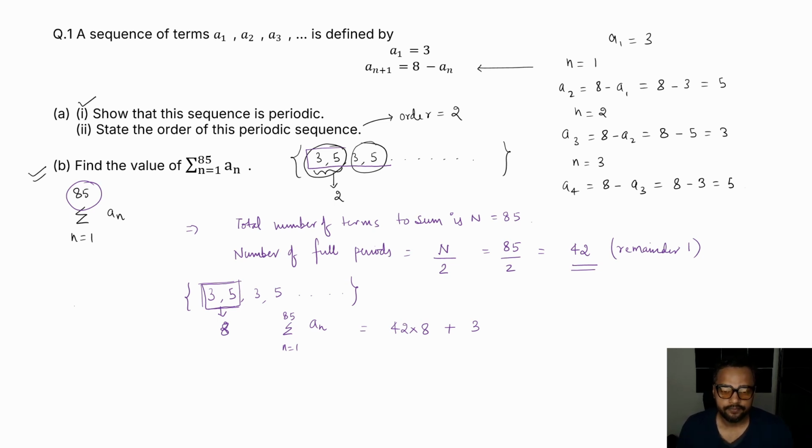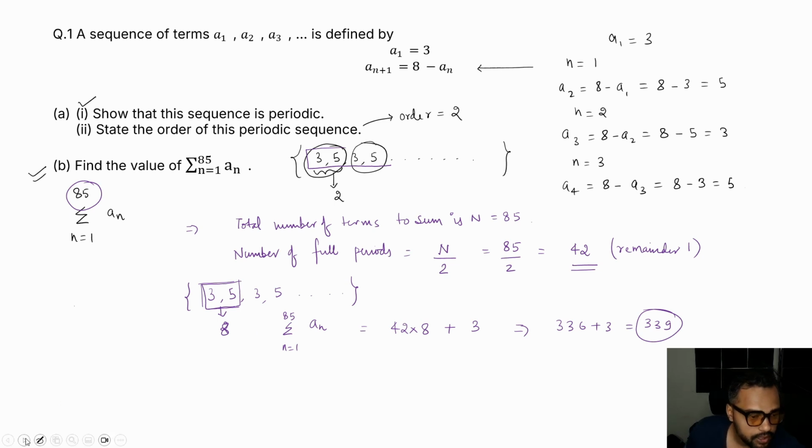That will be 3. So that is why I have written 3 here. So we'll be getting the value as 336 plus 3, that is equal to 339. So this is the concept behind calculating the value of this sigma notation n equals 1 to 85.